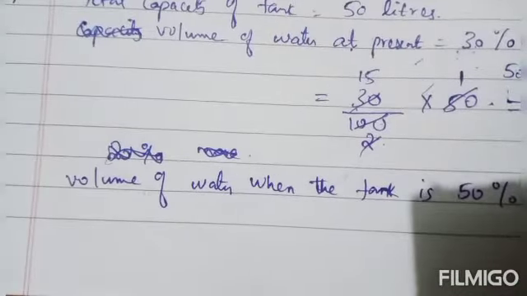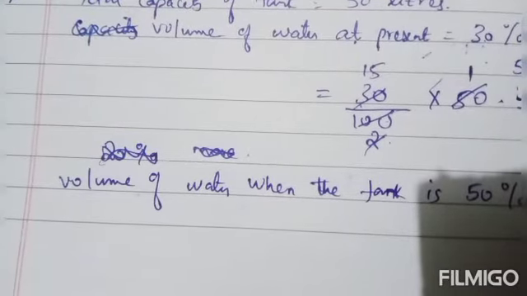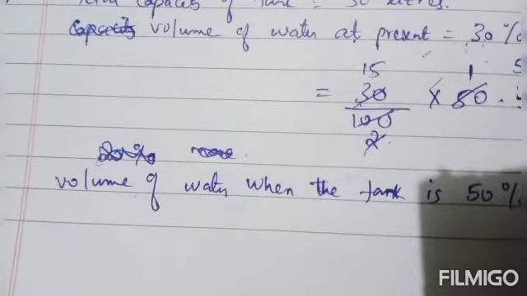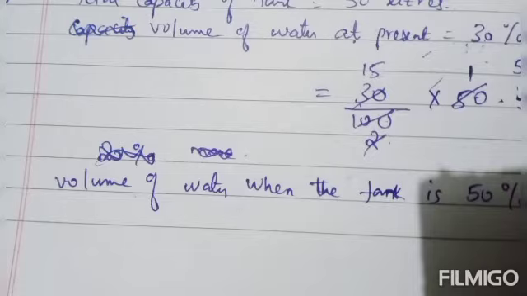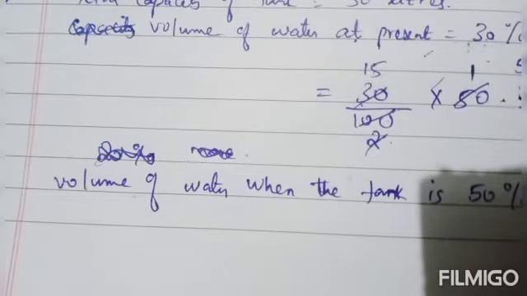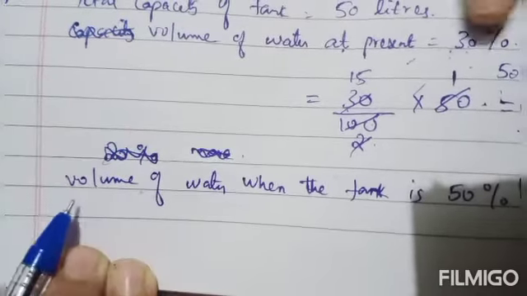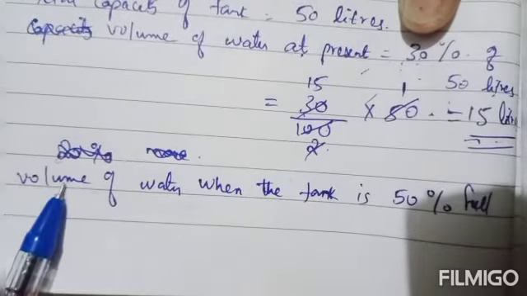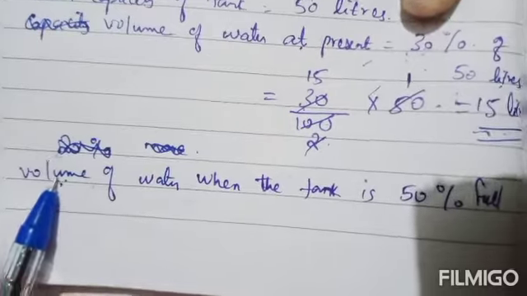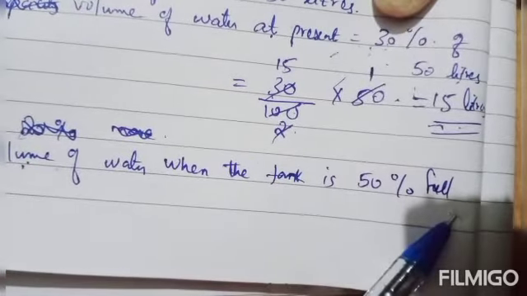Now what is the question? How many liters of water shall I put into the tank so that it becomes 50% full? So, in order to find that, first we can find the volume of water when the tank is 50% full.